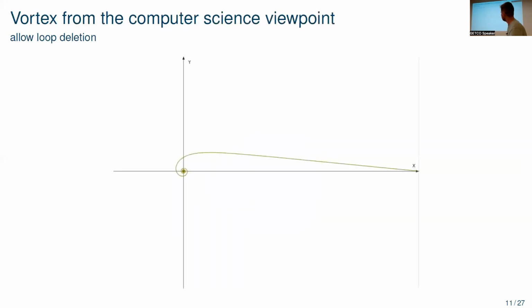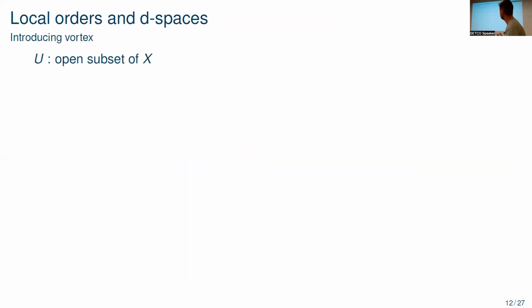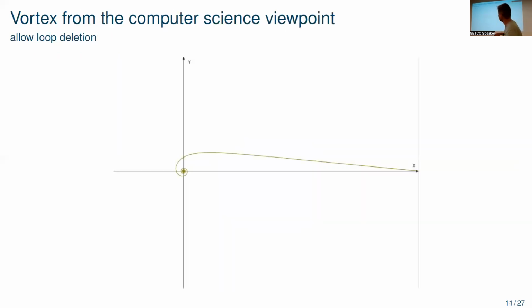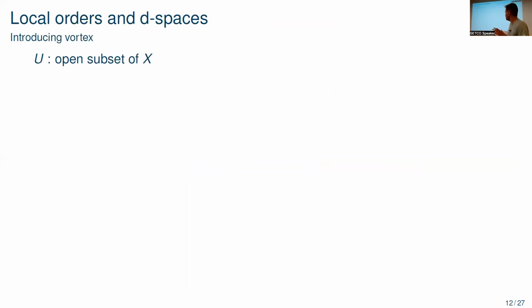So there is another pathology which may arise even if you have a local order. Okay, so suppose that, I'm sorry. So of course, once you have a local order, or once you have a D-space, you could try to define a local order.